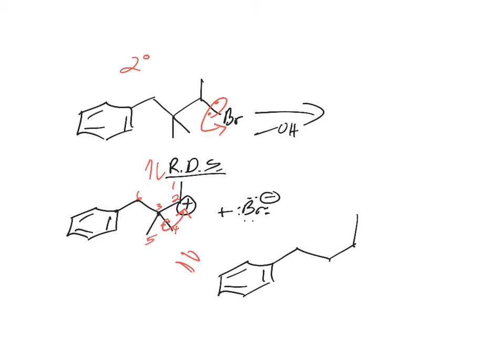I broke a sigma bond. I didn't form a pi bond. Carbon 2 is bonded now to what? Which carbon? Carbon 4. 1, 2, 3, 6. There's 4. There's 5. Where's the plus charge? Where's the carbocation at now? It's on 3.